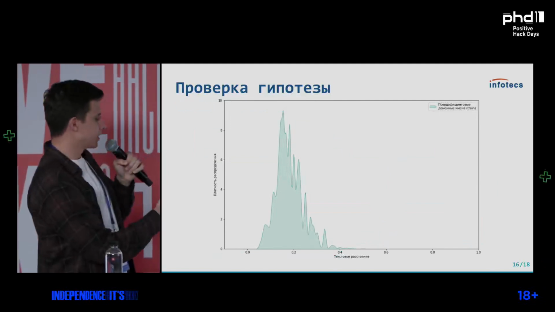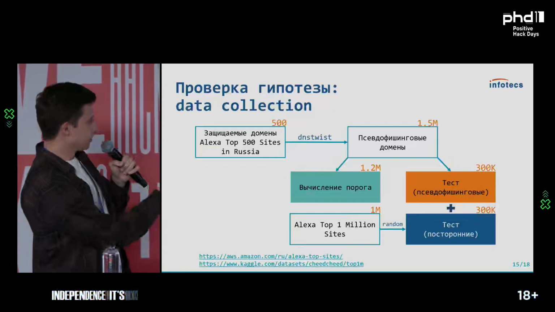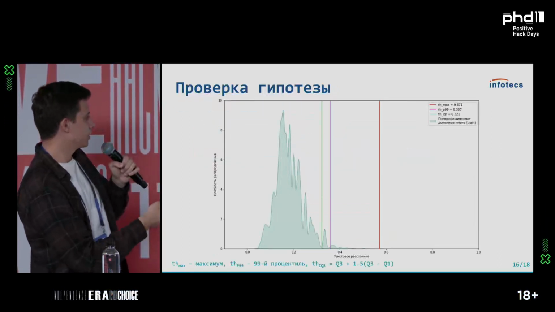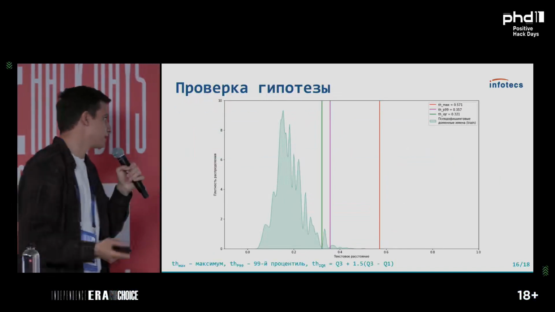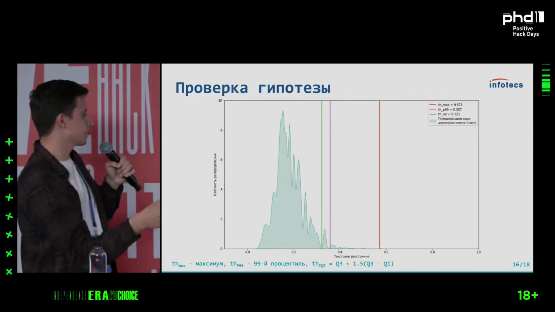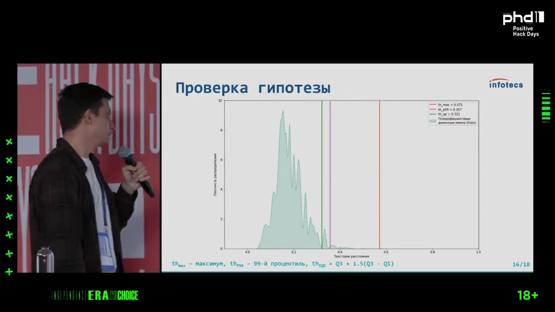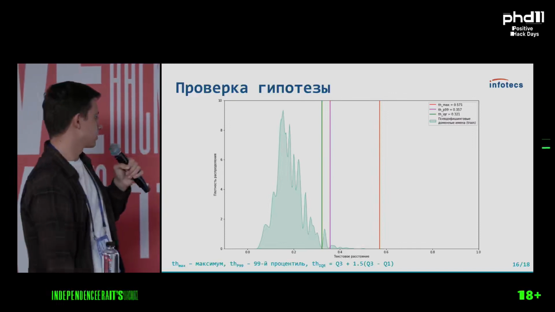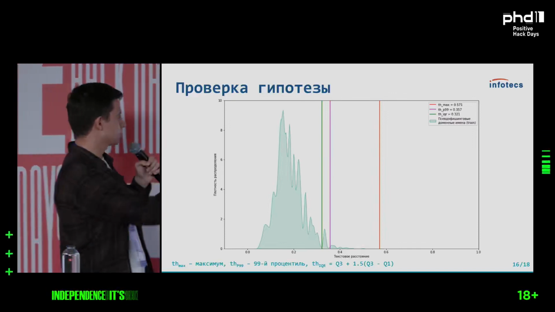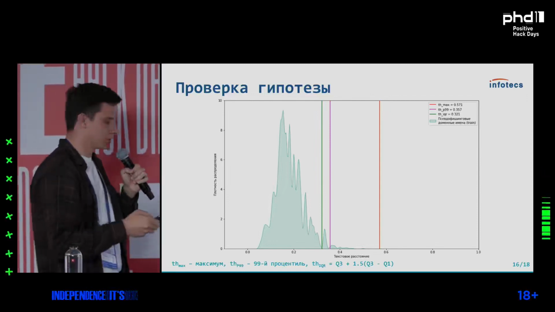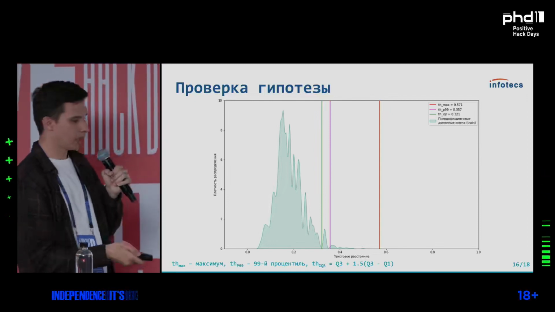So we calculate the distance for those 1.2 million, the blue ones. We define the threshold. The max, the red line, is too high. The balanced ones are the 99th percentile, the violet, and the green one is the box plot top.